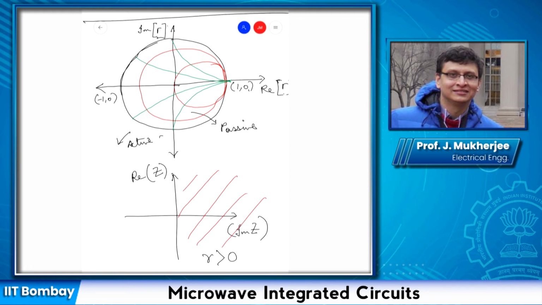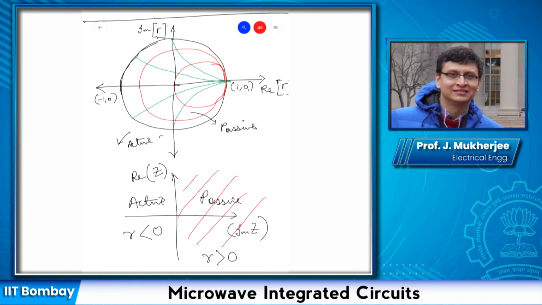This is the passive region, and this is the active region. By active region I mean the region in the Z plane where the impedances correspond to active devices, because here R is lesser than 0.